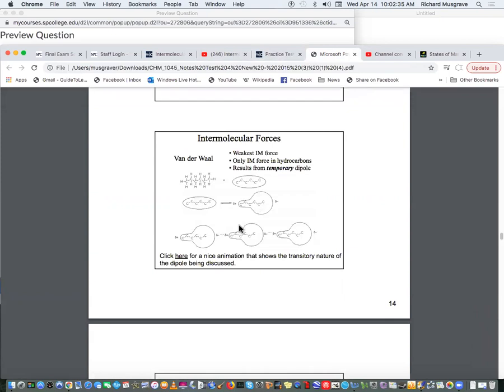Then these molecules can join together in a chain where the negative and the positive are attracted to each other. This is what creates a van der Waals force, and it is the force for hydrocarbons that keeps them in the liquid phase. But it's a very weak force because the dipole is only temporary.